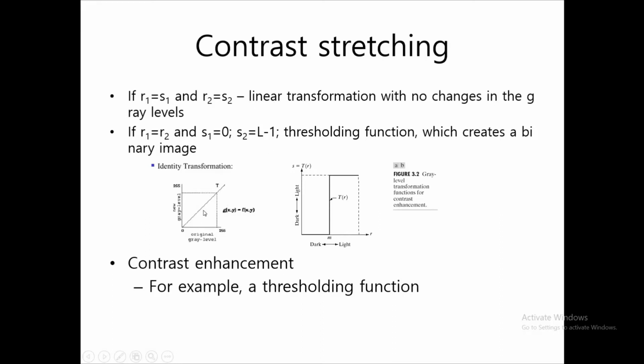This is the identity transform, as we have discussed before, with a slope of 45 degrees. This means that whatever the intensity of the input image, the processed image will have the same intensity. There is no change in the intensity of the transformed image.